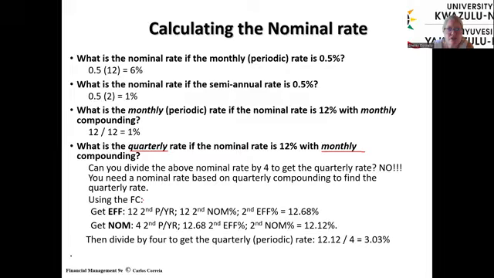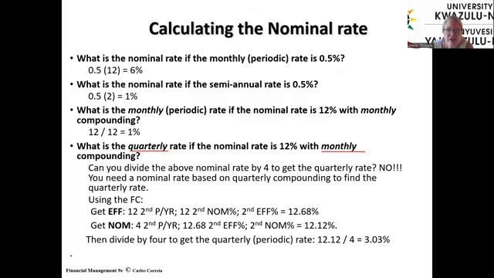We can use our financial calculator. First, we'll take the rate itself, which is 12% with monthly compounding, and we'll convert that to an effective rate. So I'm putting my PYR setting on 12. Then you enter 12 as your nominal percent and you ask for the effective rate. It's 12.68. Then you feed that 12.68 into your next process as your EFF percent.